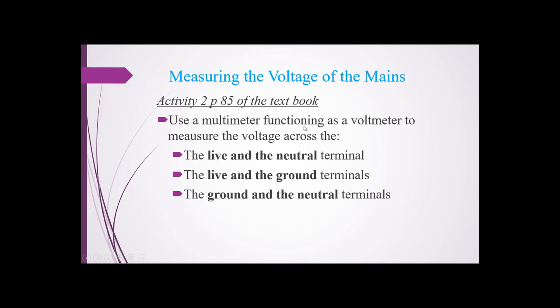We will measure the voltage across the live and the neutral terminals, the live and the ground terminals, the ground and the neutral terminals. Let's check the results which will be obtained.